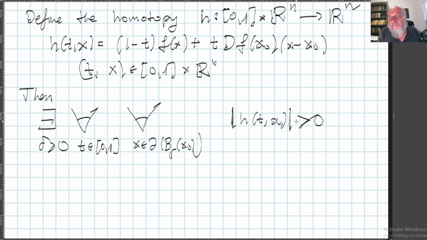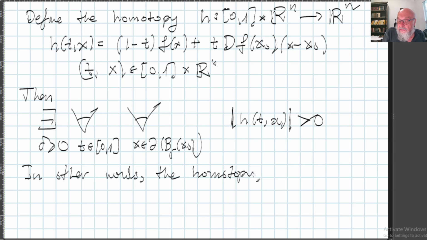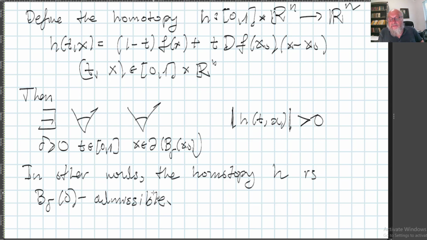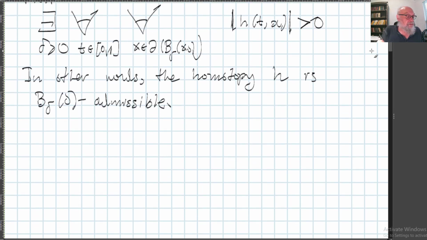In other words, the homotopy H is B delta admissible. Very good. So let's do the proof.